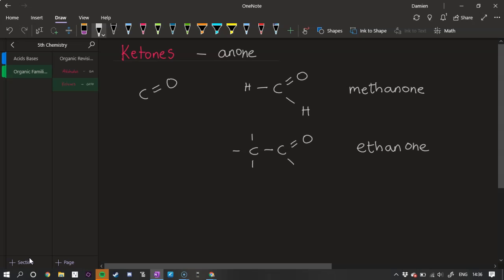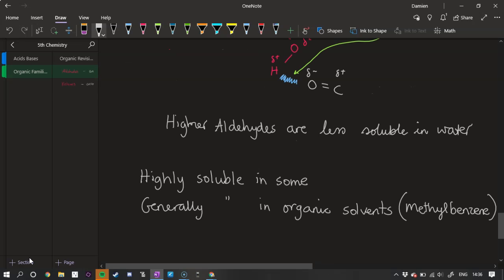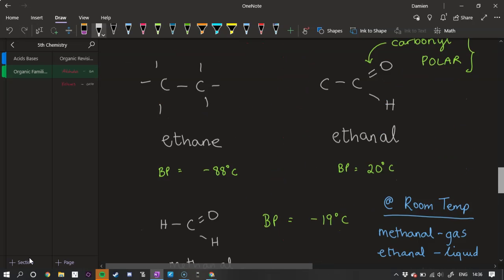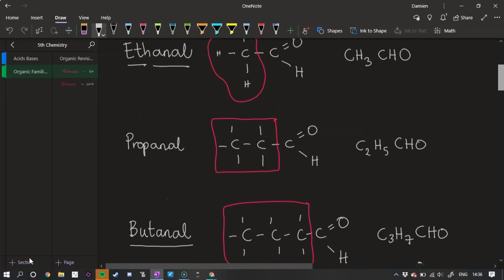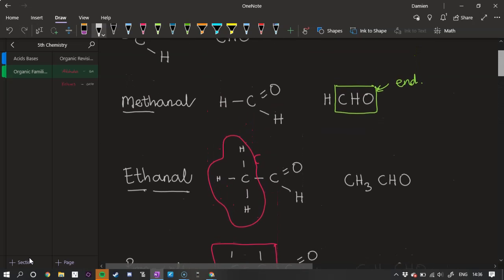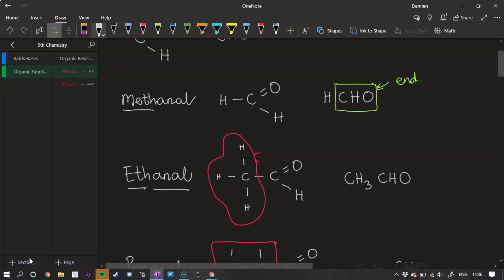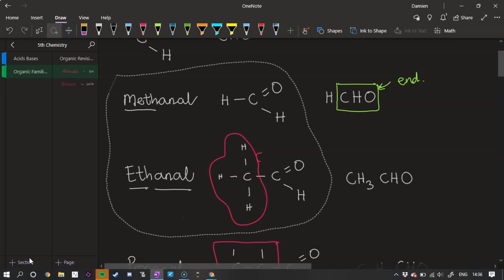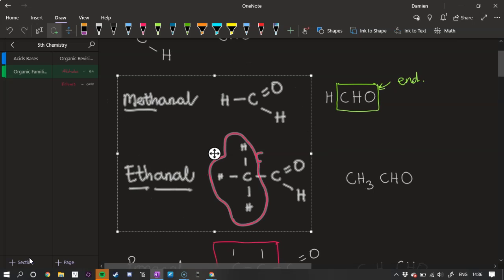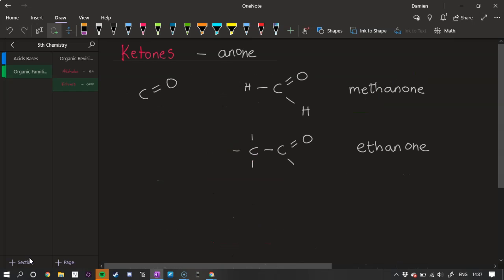But there's something there that I want you to look at. So if we go back to aldehydes that we had a look at in the previous video, if we go up and look at the first 4 aldehydes, let's have a look. So I think I can copy all of these here. So if I draw around this, copy, should be able to paste that into ketones.